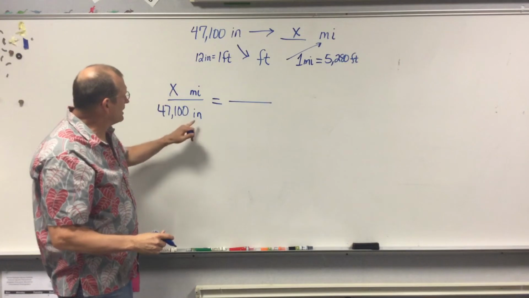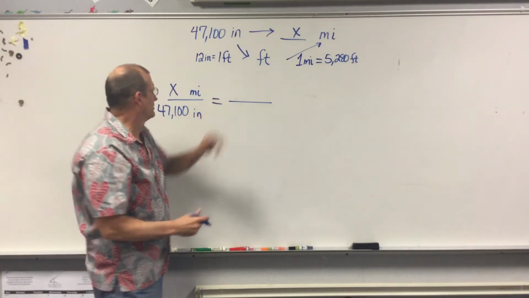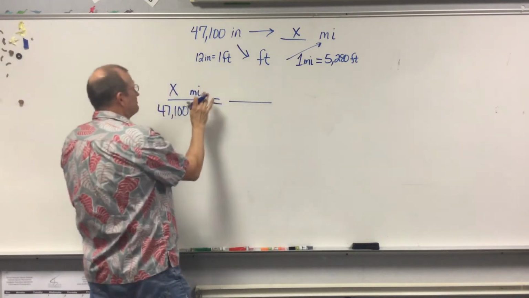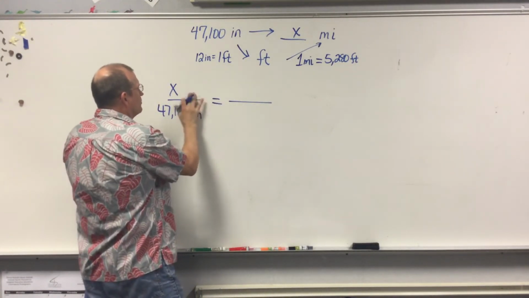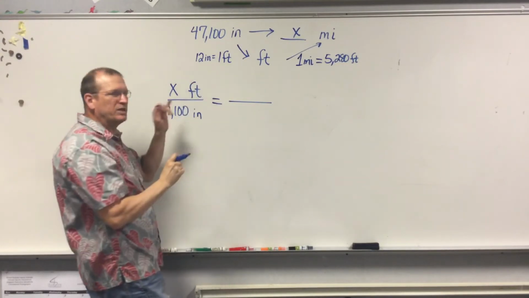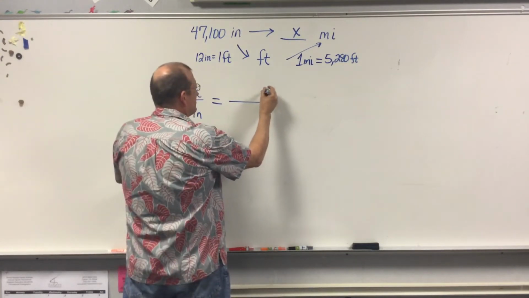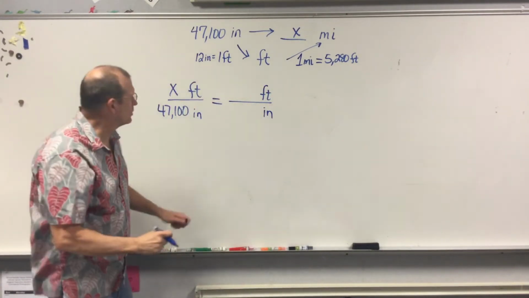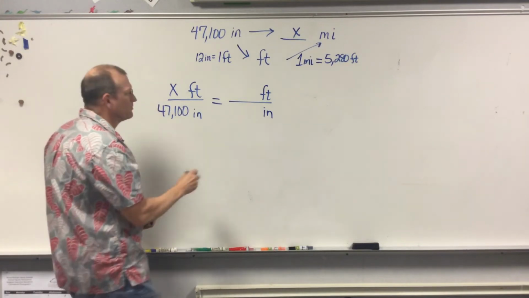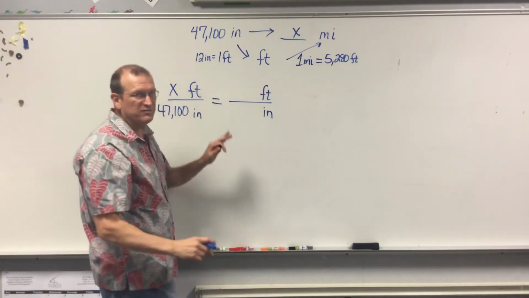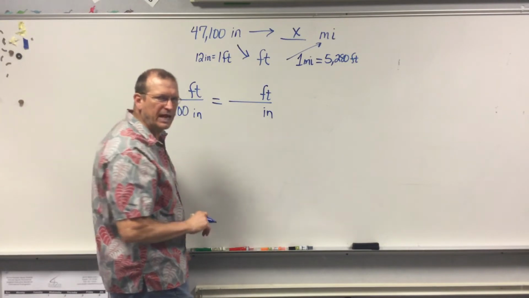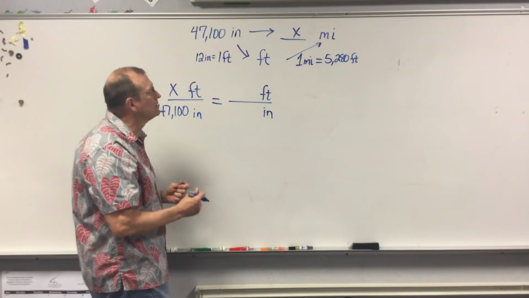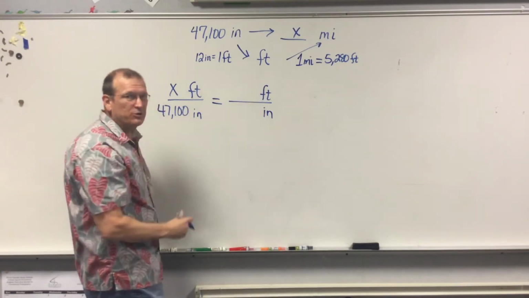And what I need to know is we need to not go with miles, we need to go to feet first. And then we need to do our feet in inches here. Whew, almost caught myself there. I was going too far down the road. Now, if you're looking at this going, my answer's not even in there, it will be. And the truth is, we're using this as an example to set up a basic rule so that you don't have to go through what we're going to show you here.